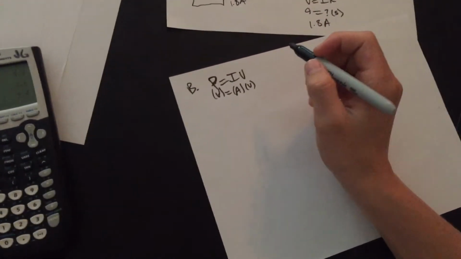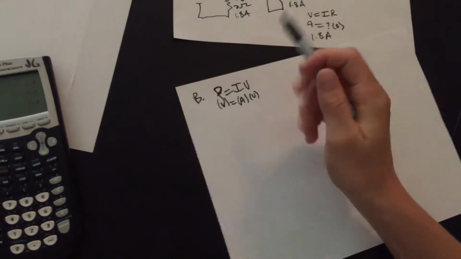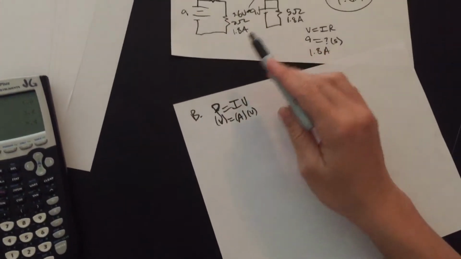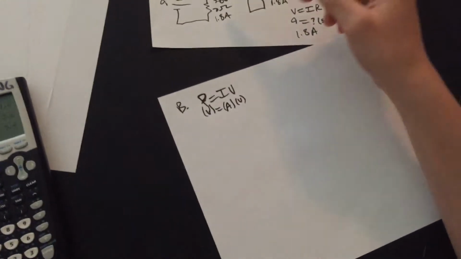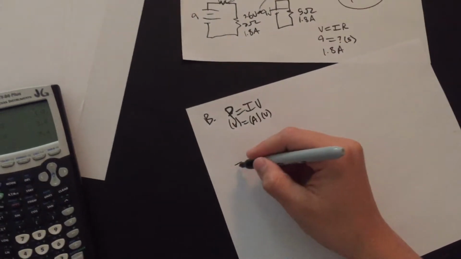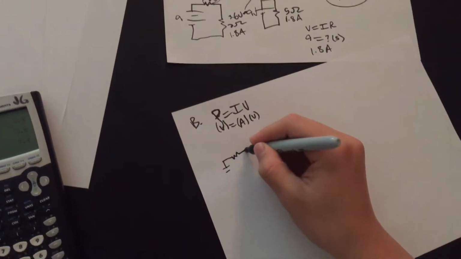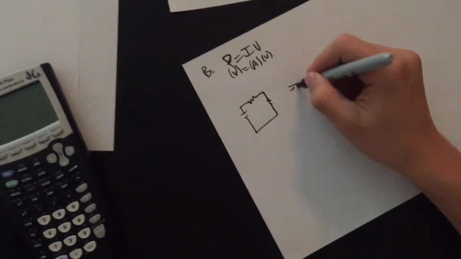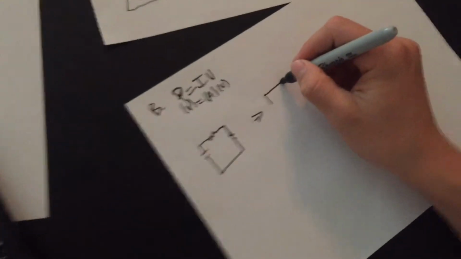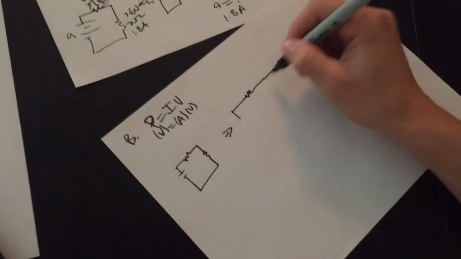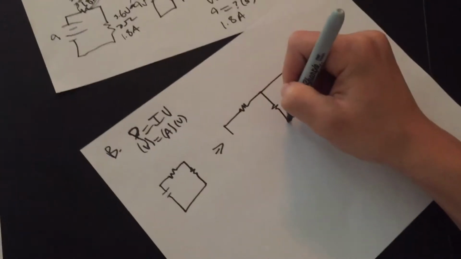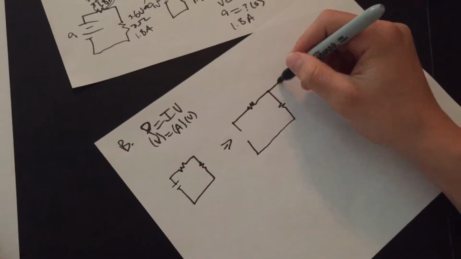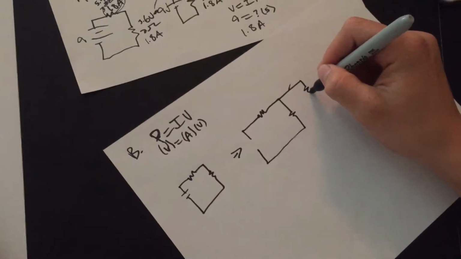And so you're going to have to go through and find what we did up here. You're going to have to take it from this into this, the complete schematic. Because the switch is closed, I just didn't draw it as that.